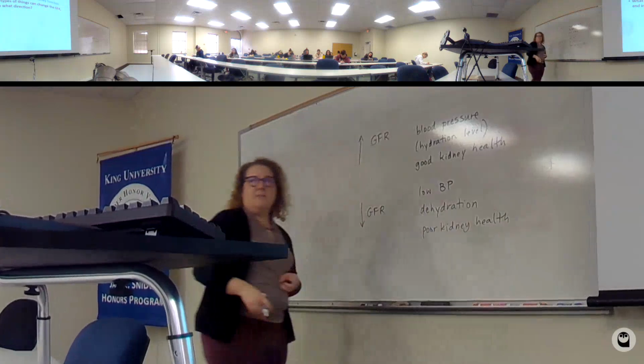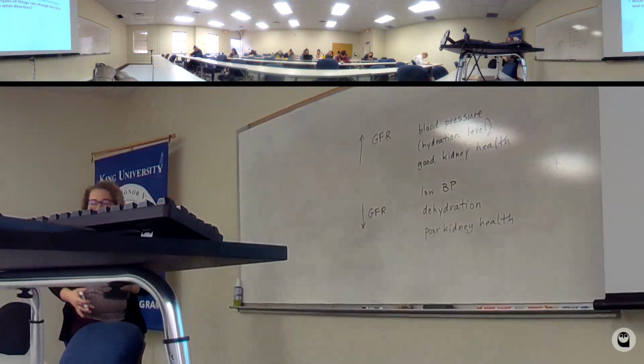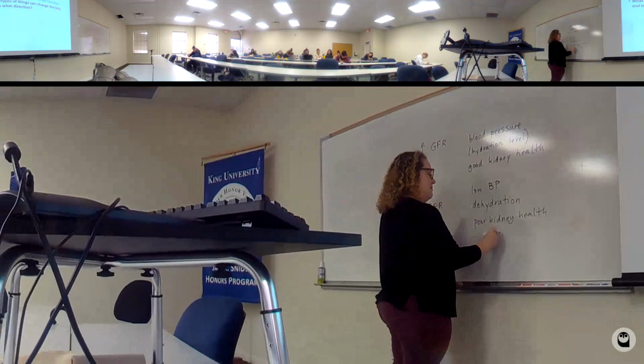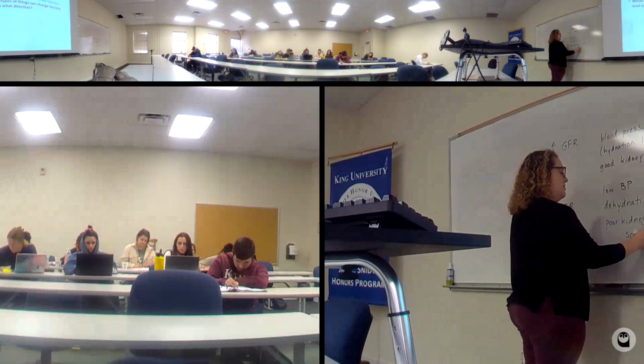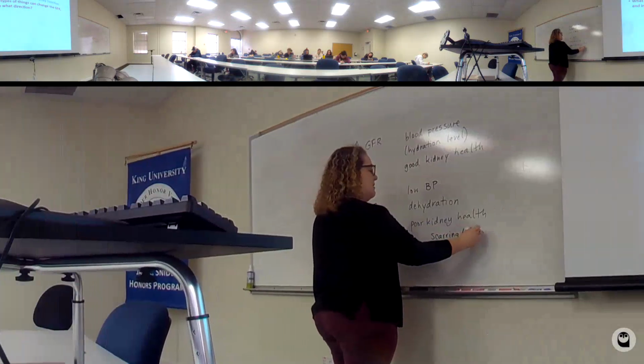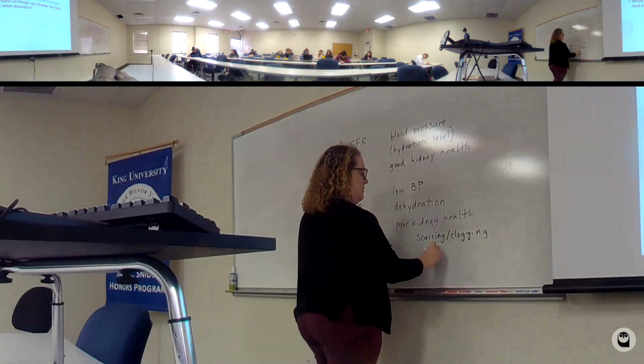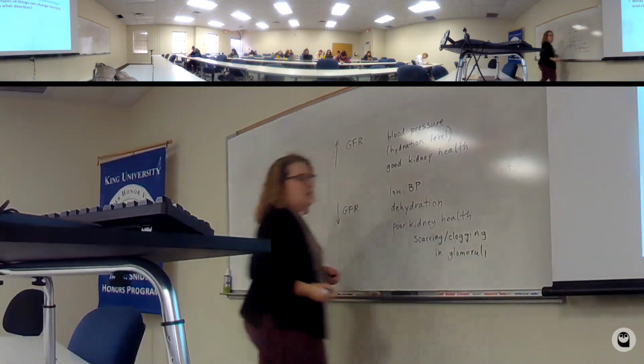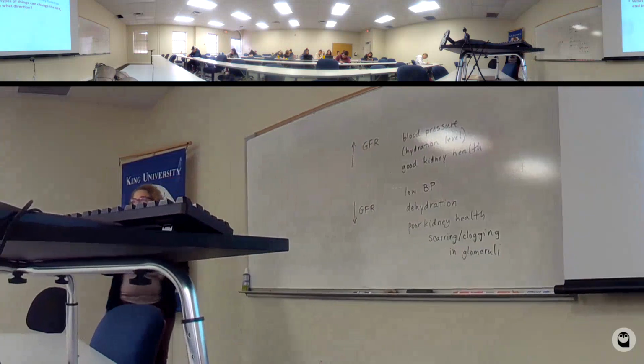poor kidney health. You might think, well, what does that mean? Poor kidney health, in this sense, has to do with scarring or clogging in those kidney capillaries, in the glomerulus.